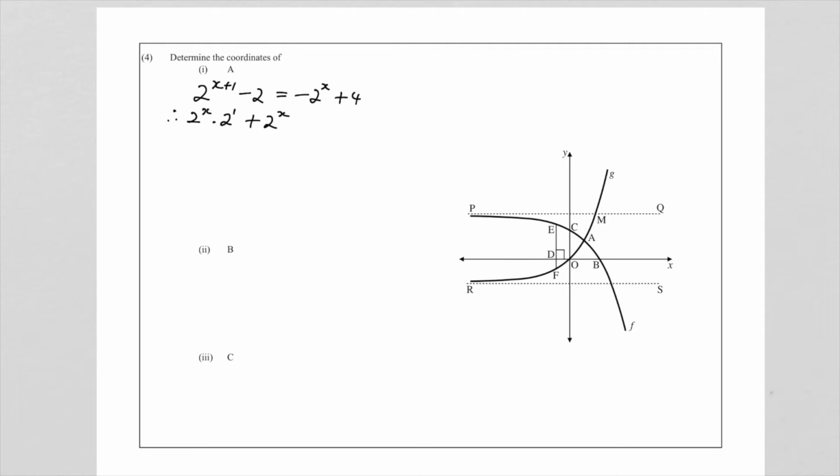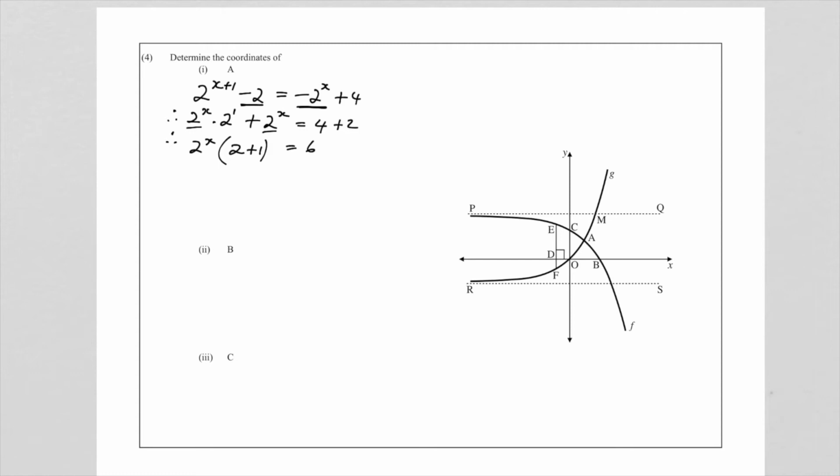It's this one that moved to the left, and that is equal to 4. And that negative 2, we're going to move it across, and that's going to be plus 2. Now, as you can see, on the left-hand side, we've got a common factor of 2 to the x, which we're going to take out. And we will be left with 2 plus 1, and that is equal to 6.